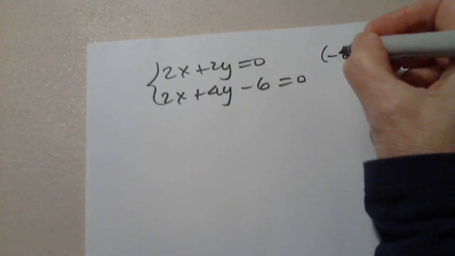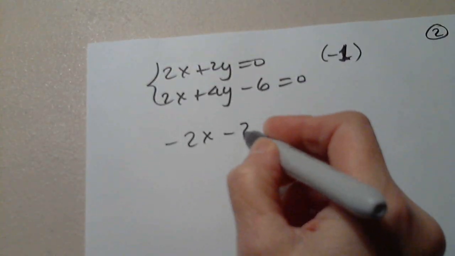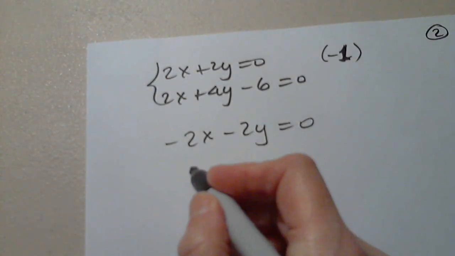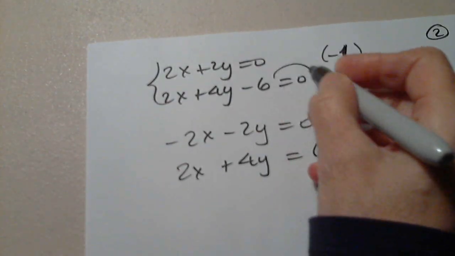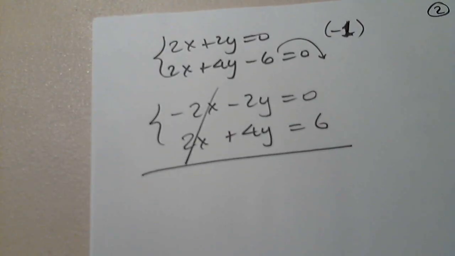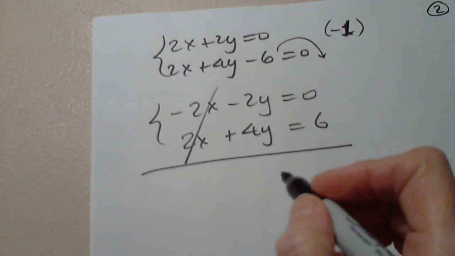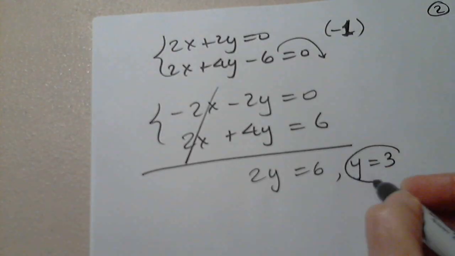If I want to eliminate x, that's even better. So -2x minus 2y equals 0, and 2x plus 4y, and I move 6 to the other side. So I eliminated x. -2y plus 4y is 2y equals 6, so y equals 3.